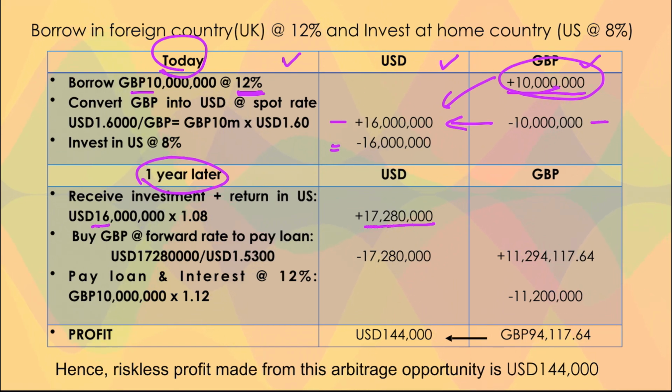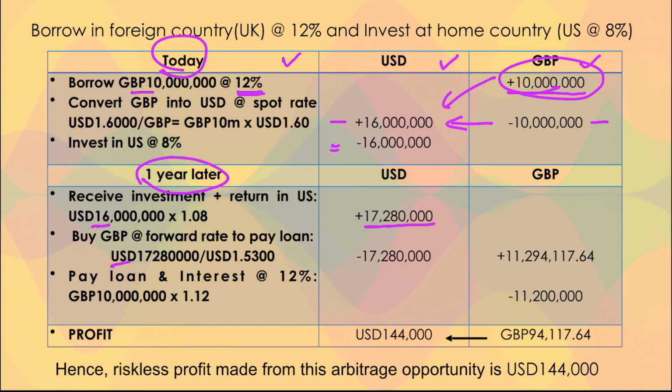But you have to remember, you need to pay the UK because you borrowed in UK. So we have to convert this USD to GBP. Buy GBP at forward rate to pay loan.